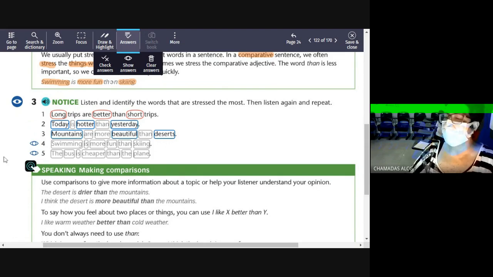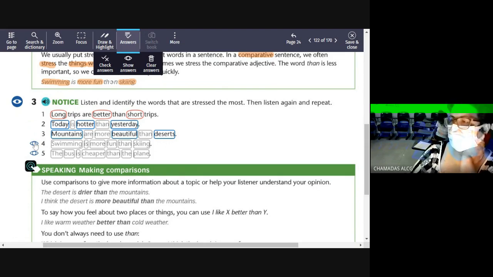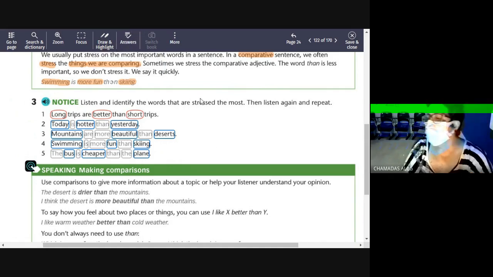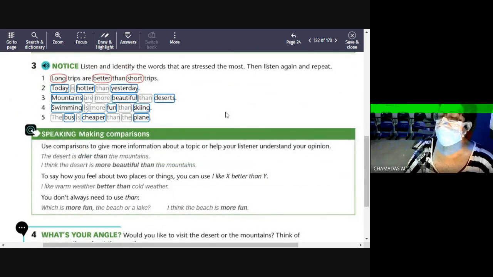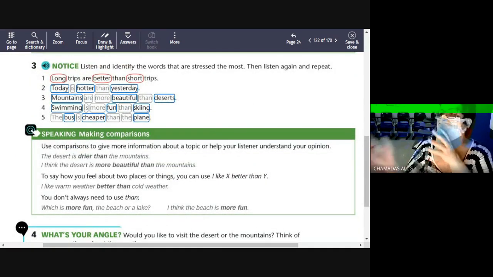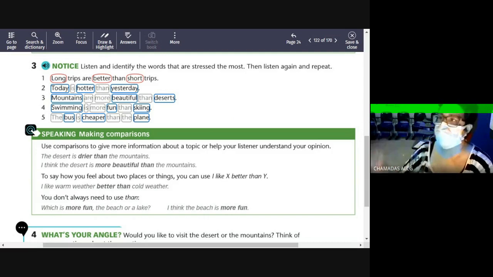Okay, number 4, skiing. Perfect. Okay, number 5, the plane, a bus, cheaper, plane. All right. So these are the things we stress the most when we compare two things.